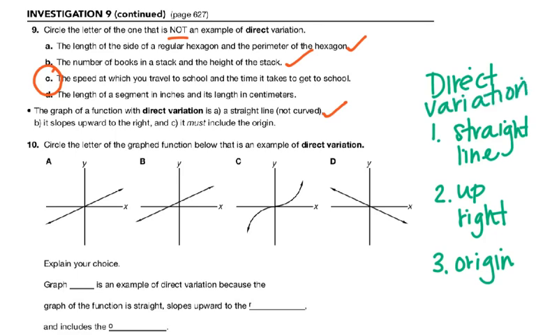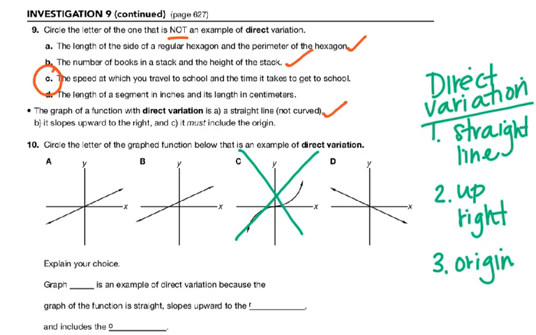Very important to remember. So out of these 4 graphs, which one is a direct variation? Okay, well first it has to have a straight line. So we can say that this one is not a direct variation. Then it has to go up to the right.